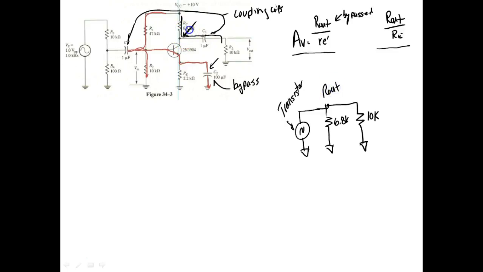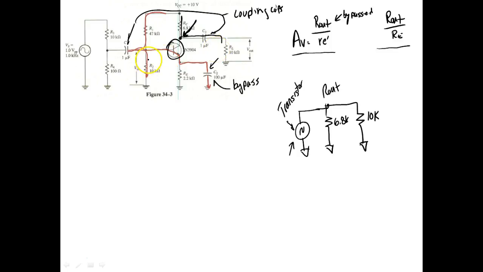So our output is generated right here. This represents the source of our signal. There's our transistor, and that would be that point right there. What we see is this is in parallel with that. Now we're ignoring the capacitor. Why?